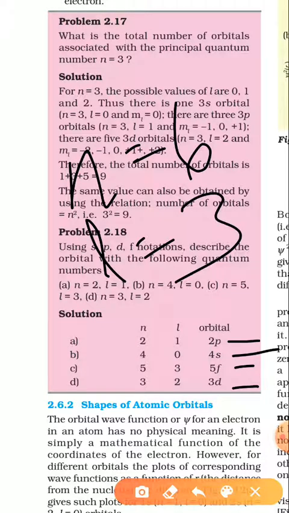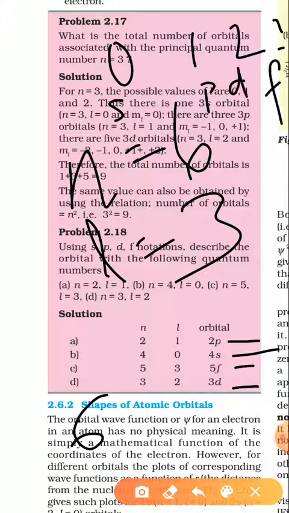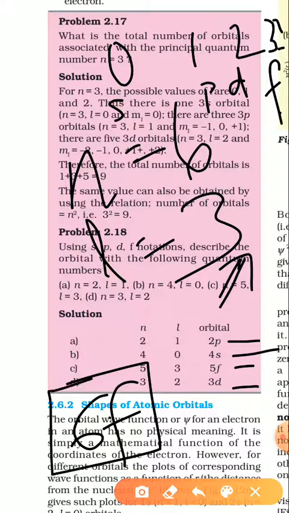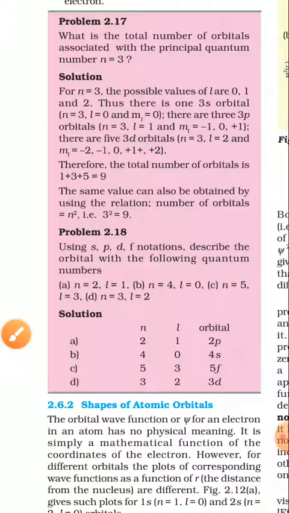What will be the orbital? n equals 6 and l equals 3. So it will be 6. What will be the orbital for l equals 3? 0, 1, 2, 3 if we consider s, p, d, f, so 3 represents f. So l equals 3 means 6f. Okay. So this is the scenario.